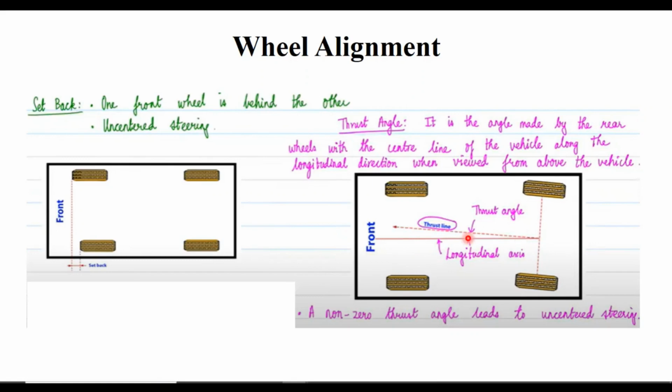This is the center line of the vehicle along the longitudinal direction, when you are viewing the vehicle from top, from above the vehicle.